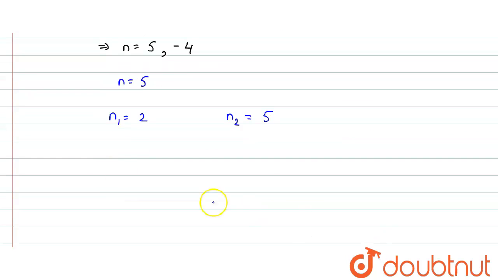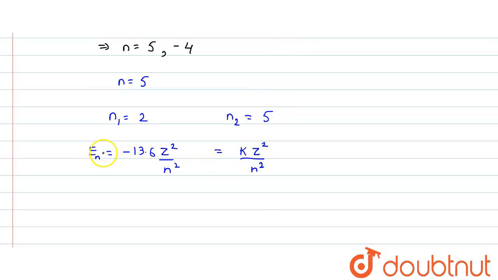So we can say that the energy in the nth state would be given as minus 13.6 z square divided by n square. We can just take this factor to be equal to k. So we can say that it would be k z square divided by n square.